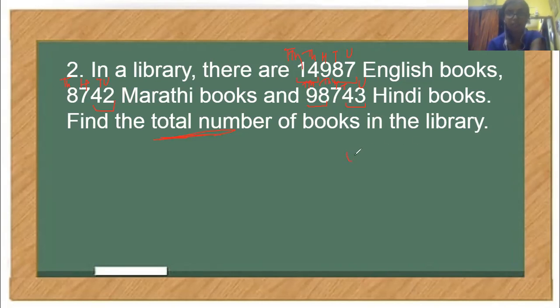Let's write place values first. Unit, tens, hundred, thousand, and 10,000. So how many English books does the library have? The library has 14,987.